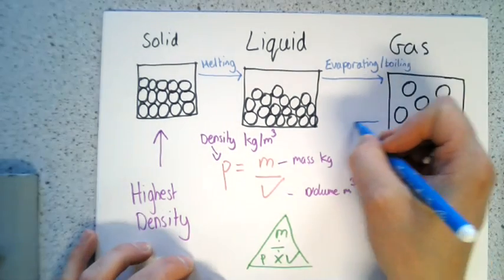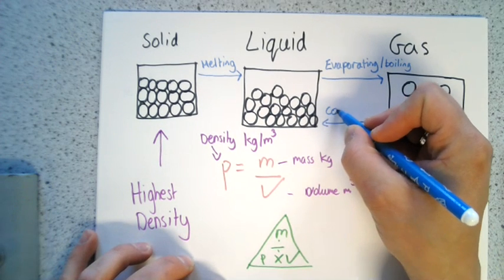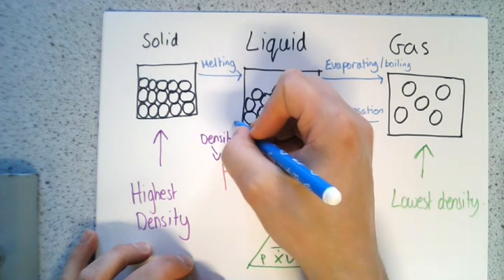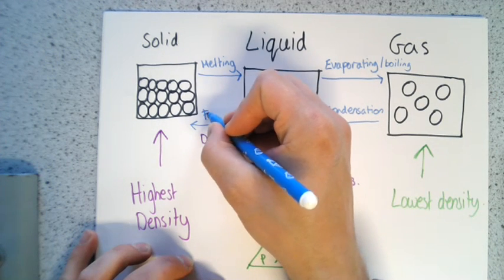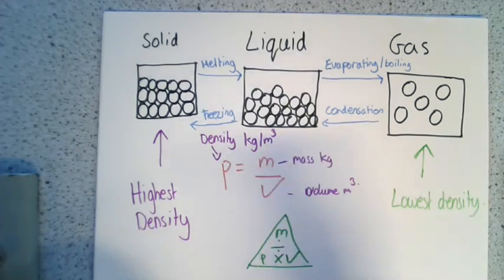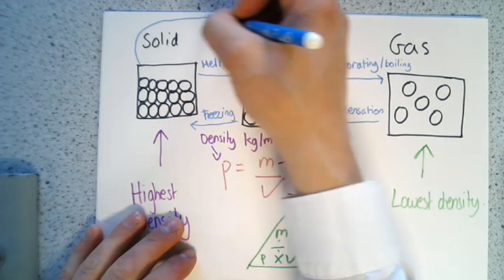Gas to liquid, condensation. And then liquid to solid, we've got freezing.